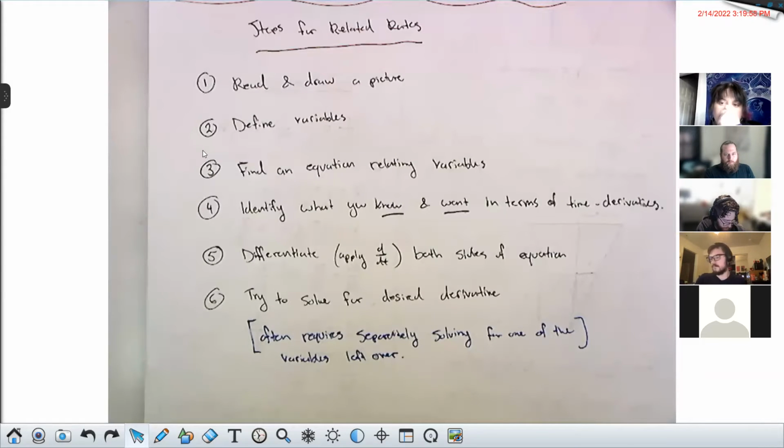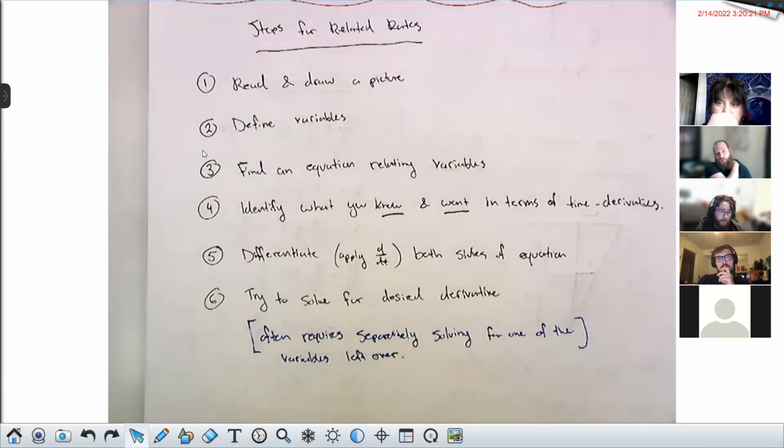And if you're a flashcard person, make a flashcard. Just try to remember the geometry equations that you need in these problems because they're likely to show up elsewhere, i.e. on the exam. Identify what you're looking for and what you were given in terms of the derivatives of the variables that you have, and then differentiate both sides of your equation.